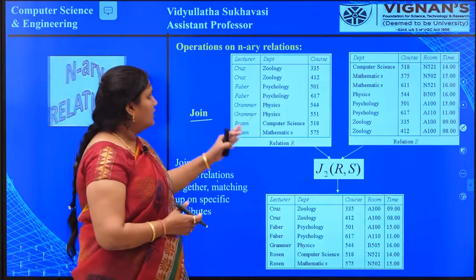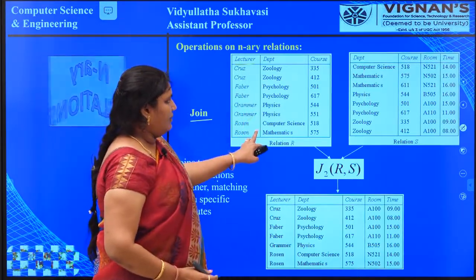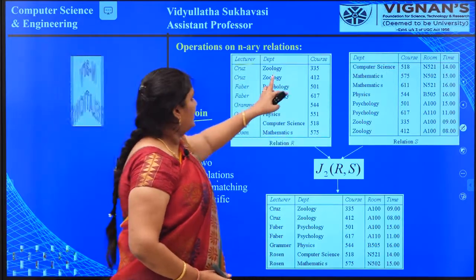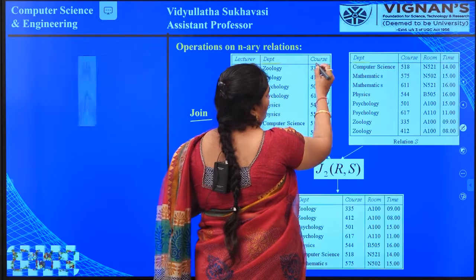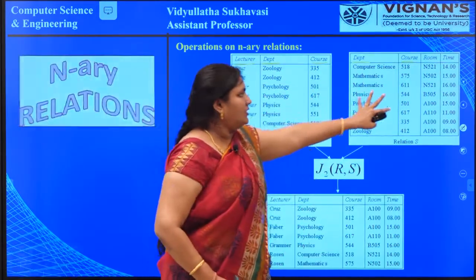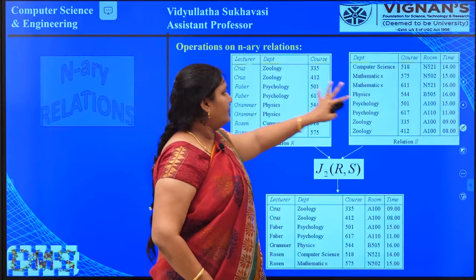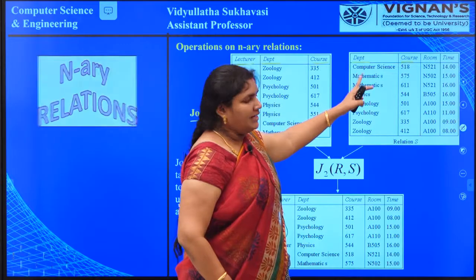Whenever we are joining, we need to match the specific attributes and then print the result. See here, we have the lecturer attribute in this table, but the second table doesn't have it. Only department and course columns are in the second table. With the help of lecturer, we combine the values.